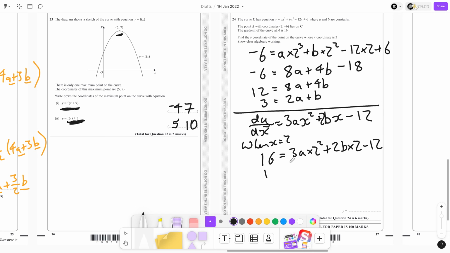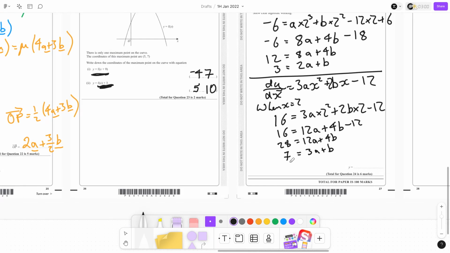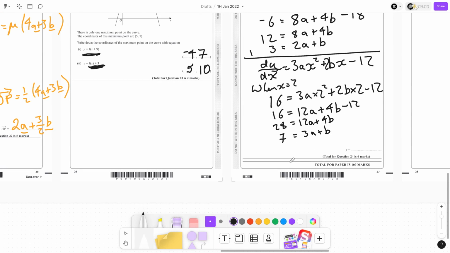So we get 16 equals 12a plus 4b minus 12. So we get 28 equals 12a plus 4b. Divide it through by 4. 7 equals 3a plus b. Then we've got our two equations, 1, 2.